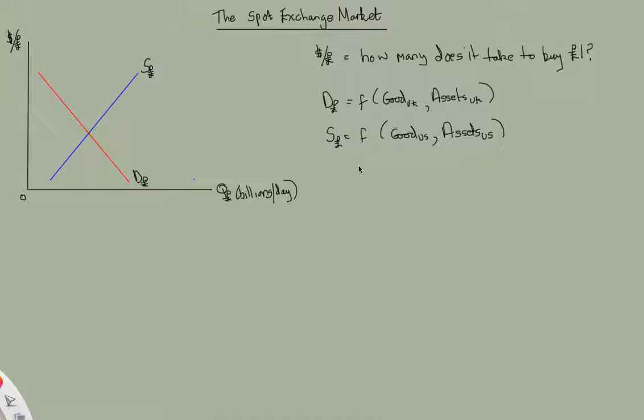So we have an upward sloping supply curve and a downward sloping demand curve. And as usual in economics, it's always interesting where these things cross, because this is the only price of the pound where the desire on the part of suppliers of pounds is exactly balanced by the desire to demand pounds on the part of people who currently hold dollars.